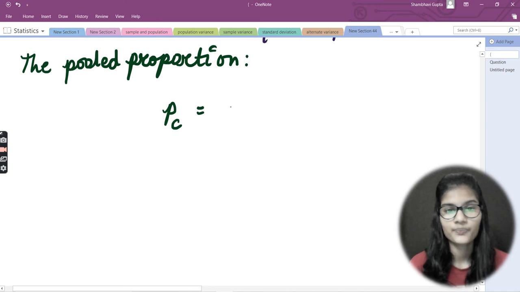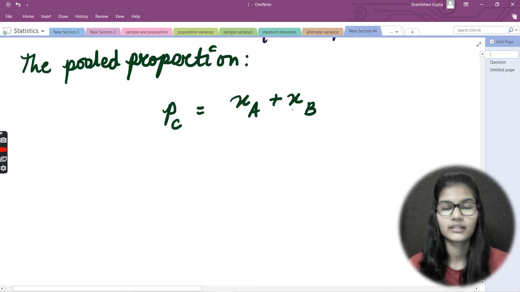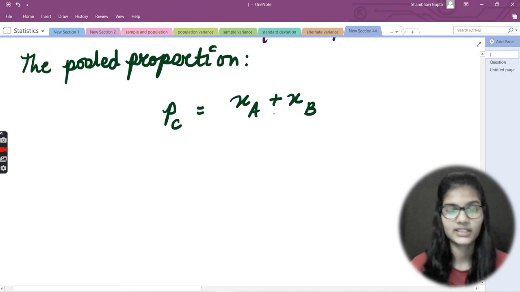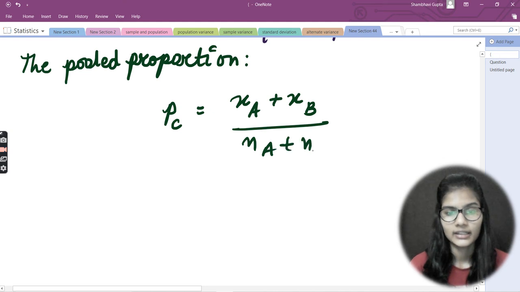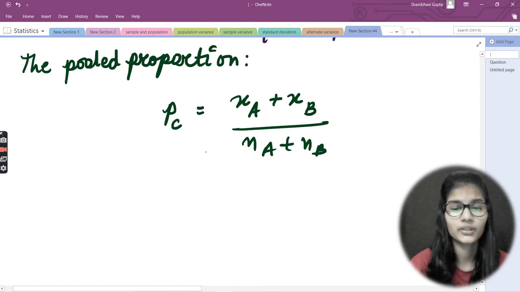PC is equal to XA plus XB upon NA plus NB. This is the formula for the pooled proportion.